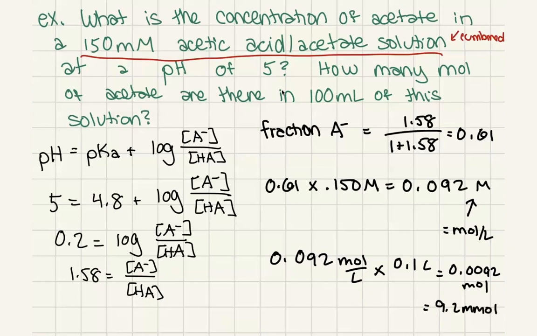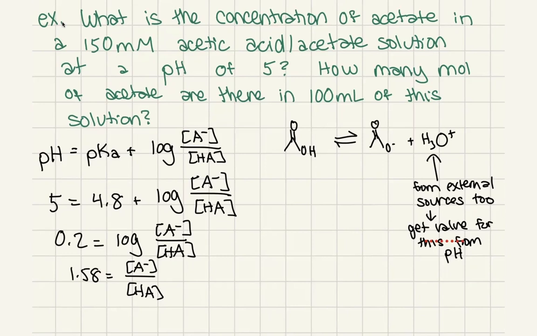Now I'll show you an alternative way that we could have gotten this solution. Well, we know the concentration of acetic acid and acetate. We're given that, and so this is going to be combined. We don't know how much of this is going to be the acid and how much of it is going to be the base.